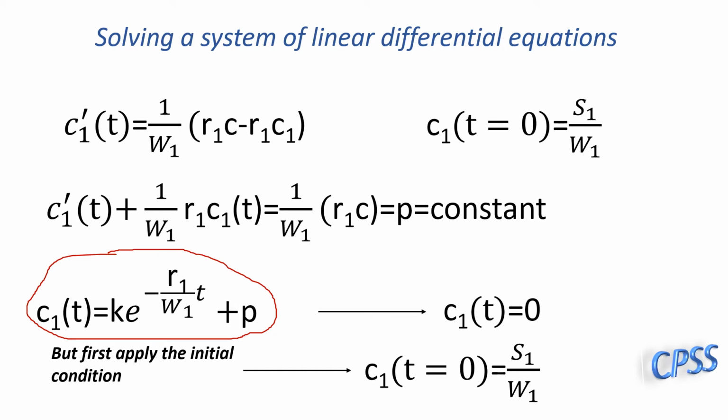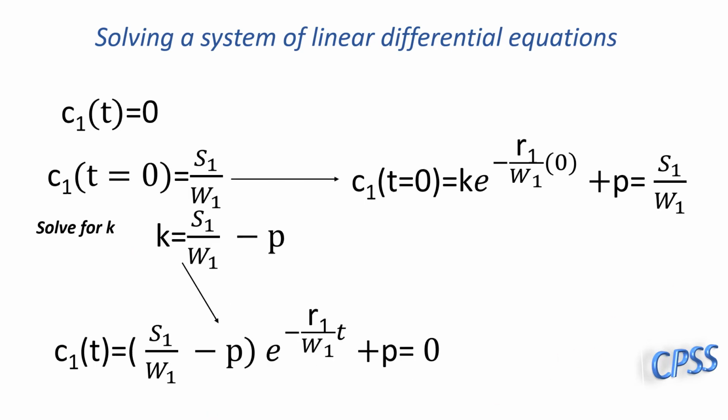Now we have to include the initial conditions, because we only have a general solution. So really, the interpretation is, when does the concentration in tank 1 go to 0? But going back, we have to apply the initial condition first.